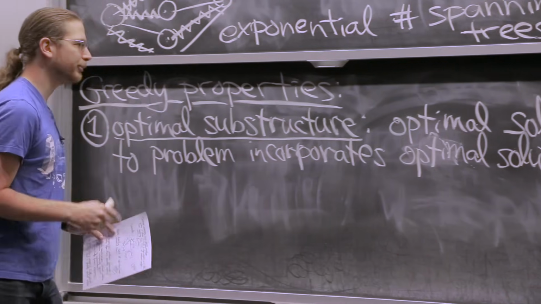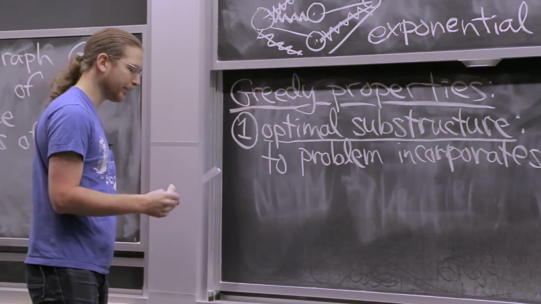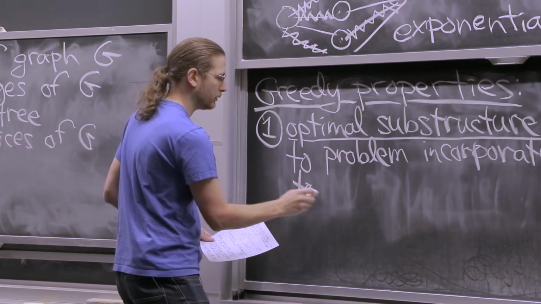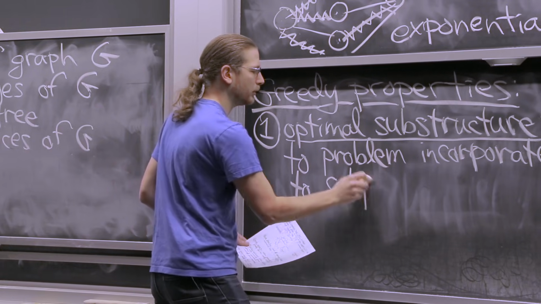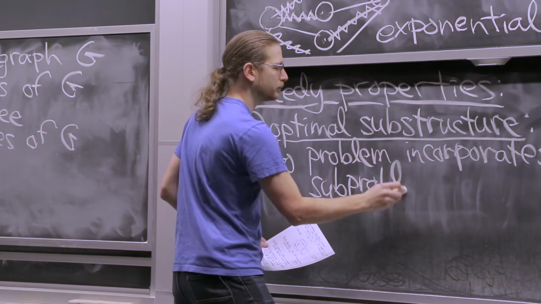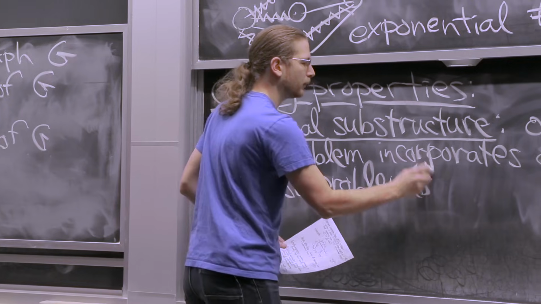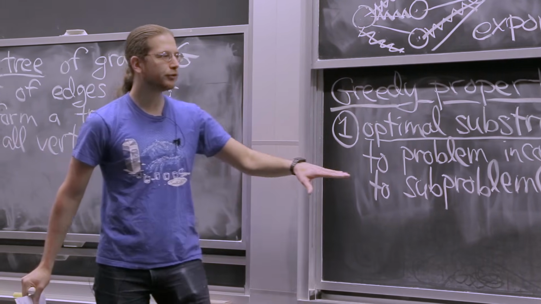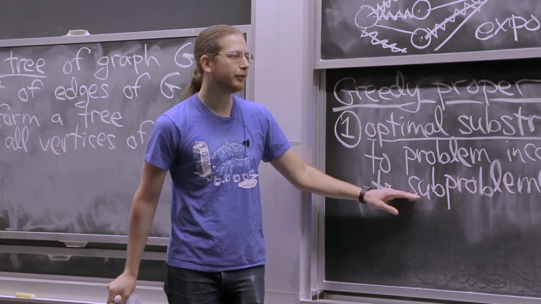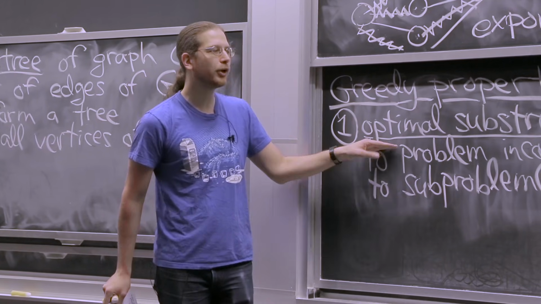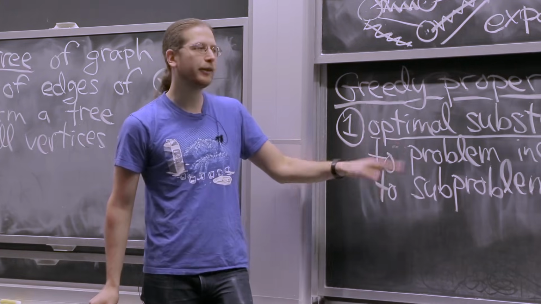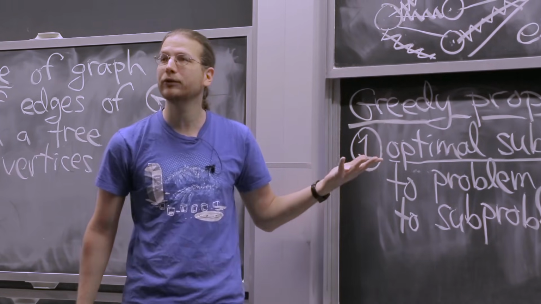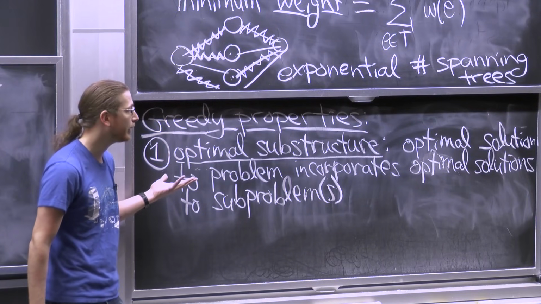Greedy algorithms are in some sense a special form of dynamic programming. So this is saying something like, if you can solve subproblems optimally, smaller subproblems or whatever, then you can solve your original problem. And this may happen recursively, whatever. That's essentially what makes a recurrence work for dynamic programming.